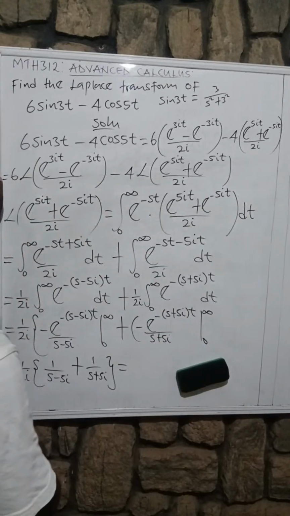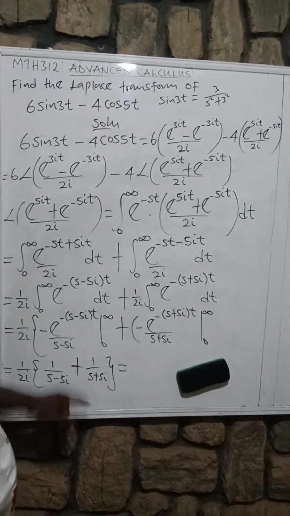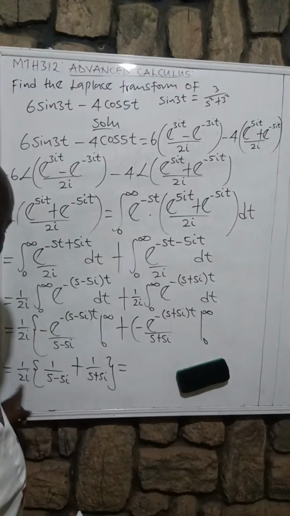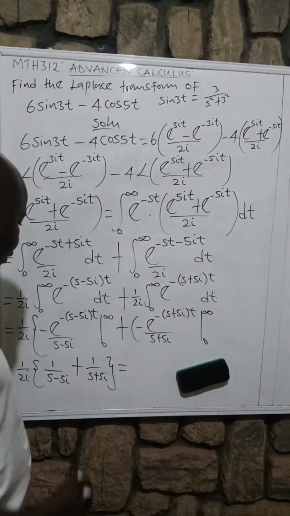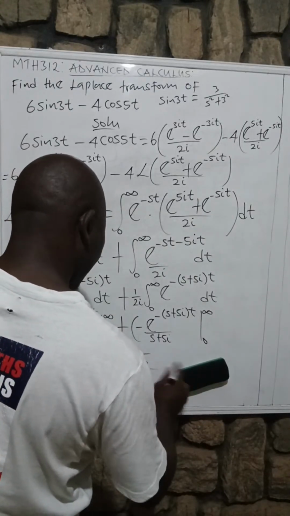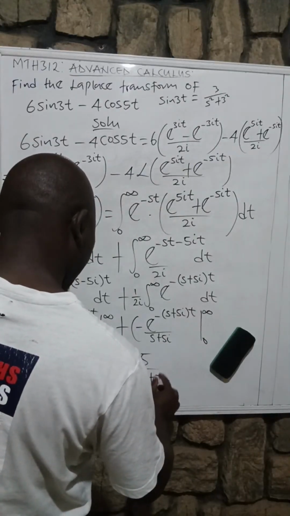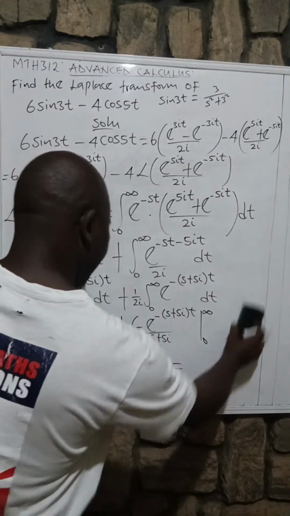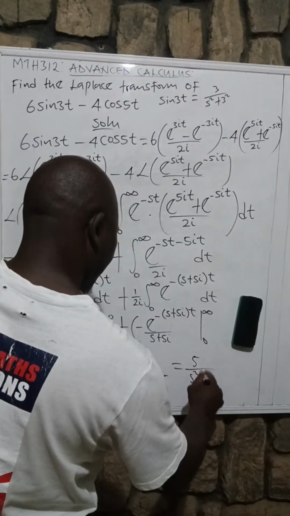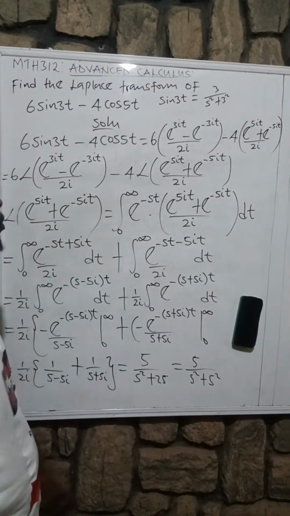So 10i over 2i will be 5. I want you, on your own, to do this the way I did the previous one. So this is what you are going to have: 5 all over s squared plus 25, and this is the same thing as 5 all over s squared plus 5 squared. True or false? It's the same thing.